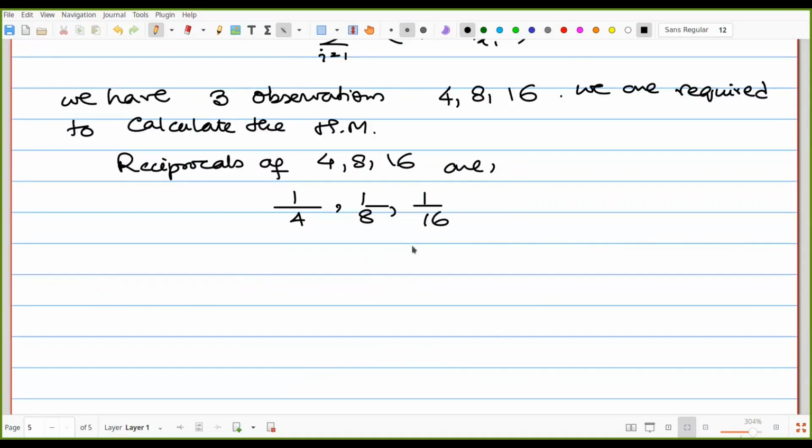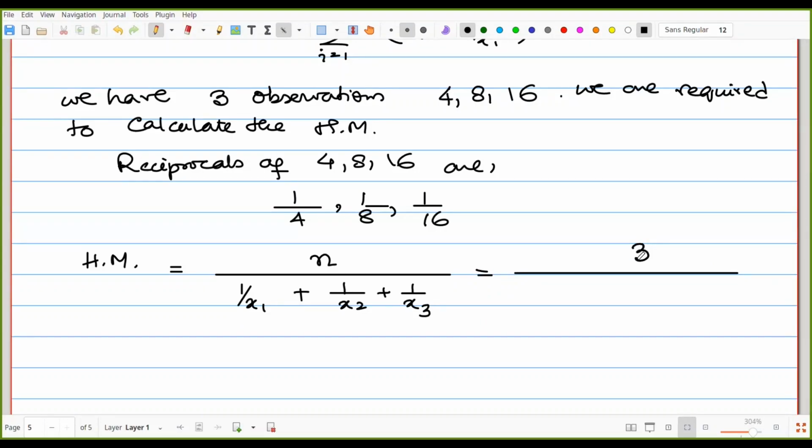So what is the meaning of HM? HM is equal to n by 1 by x1 plus 1 by x2 plus 1 by x3. How many data? That is 3.